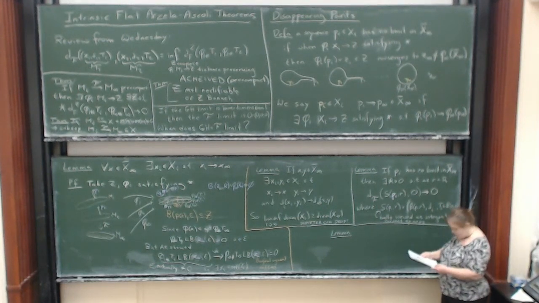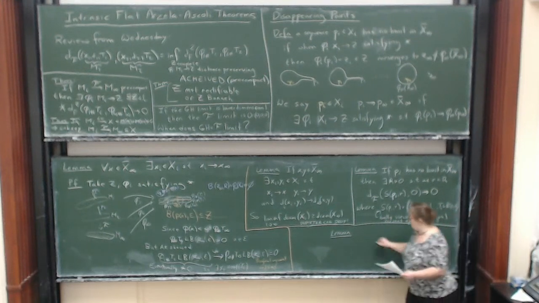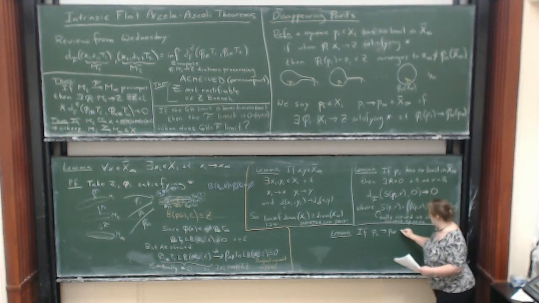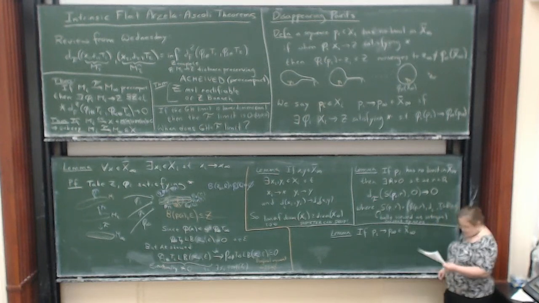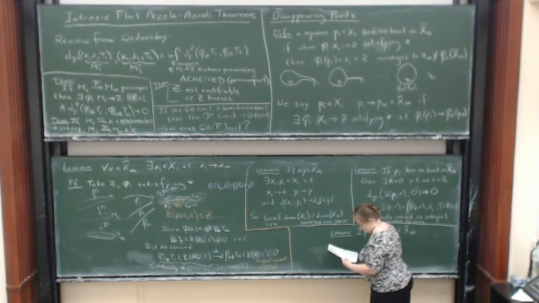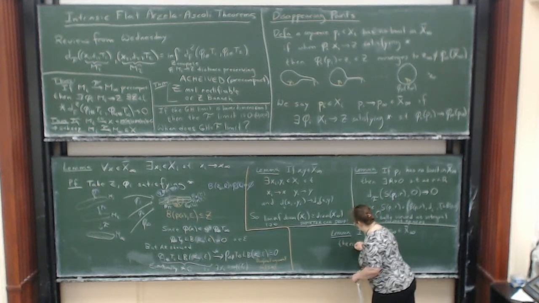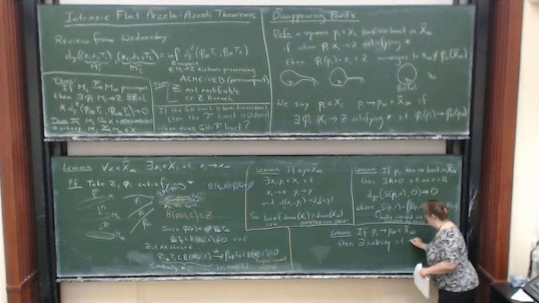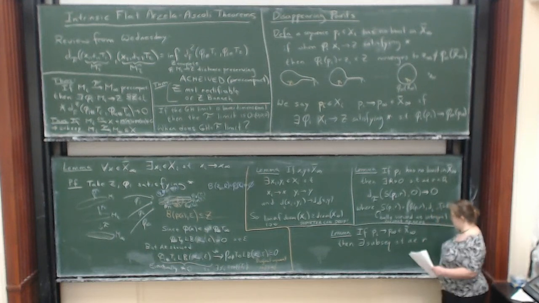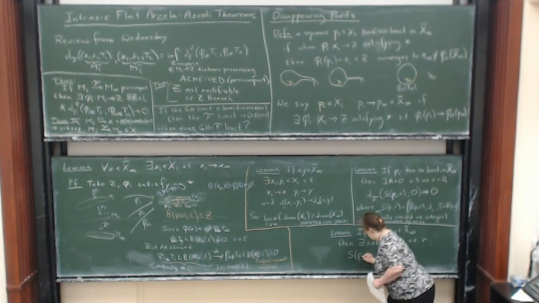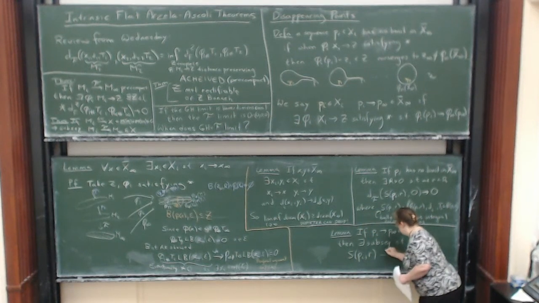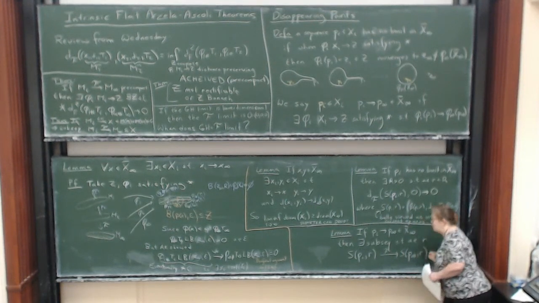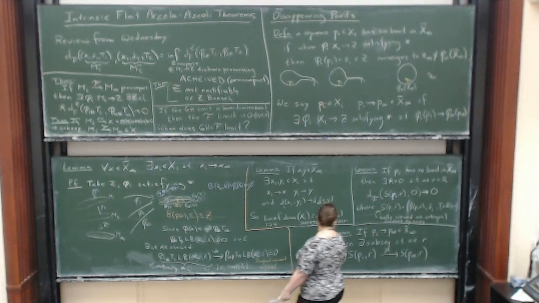It's a slightly funny statement here, but if p_i goes to p_infinity, which is lying in X bar infinity, then there exists a subsequence such that for almost every r, S_{p_i}(r) flat converges to S_{p_infinity}(r). All right.